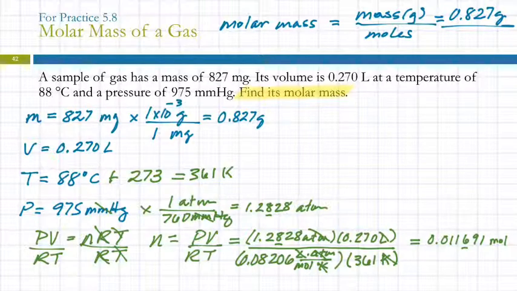It's okay. We've got a small mass of gas. So I'm going to plug this into my equation that I've got going up here, 0.011691 moles. So I've got 0.827 divided by 0.011691.